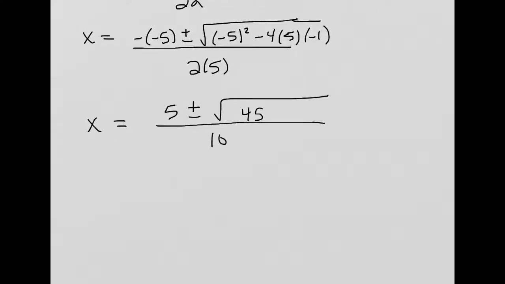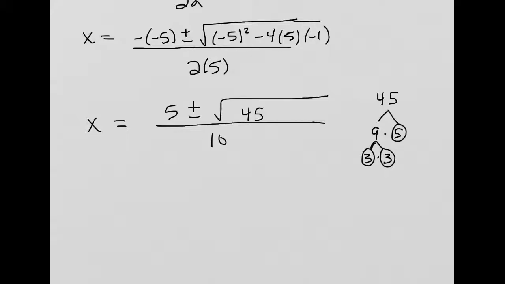Okay, now notice that the square root of 45, 45 is not a prime number, so there's a chance that it simplifies. So if you remember how we did this with simplifying square roots, I suggested that we try to factor 45 into its primes. So if I just take 45 off to the side, 45 can be factored into 9 times 5, and then 9 can be factored into 3 times 3, and that's as far as I can go with those factors.